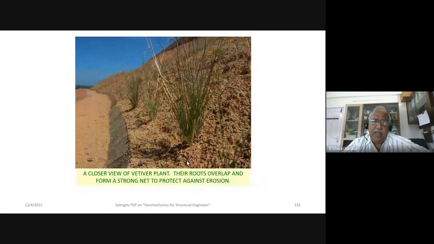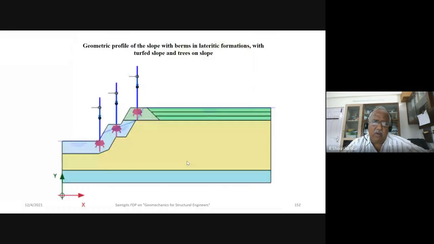What I want to highlight here is that in every system there is an interaction. Now the roots, if you take a tree or even a grass, let's take a tree. The tree is there. Its roots, let us assume, go deep into the ground, so they act like nails. They act like mechanical reinforcement.